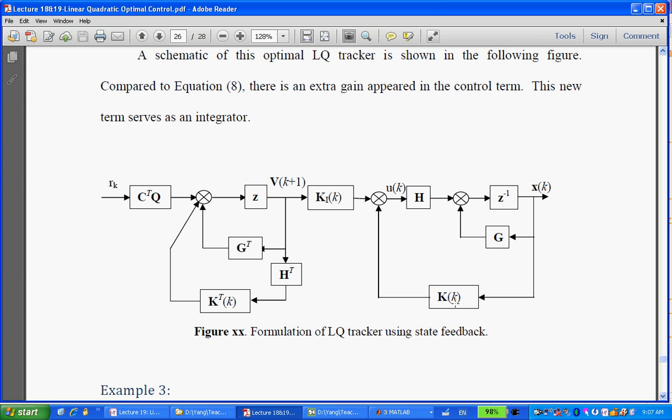So basically, when you implement, you only need two gain blocks, right? The whole question is what will be the value of the two gain blocks. As a matter of fact, even if you calculate the optimal control wrong and put the wrong value here, it probably still works. It's just not the optimum control. So that's the key point here.